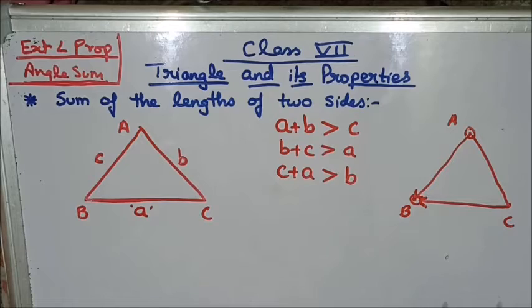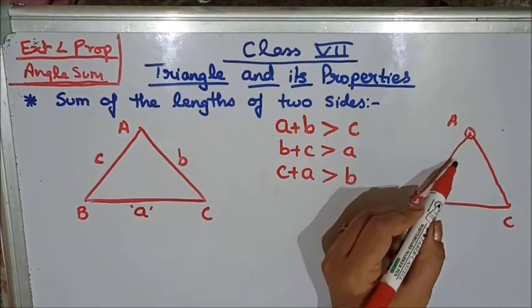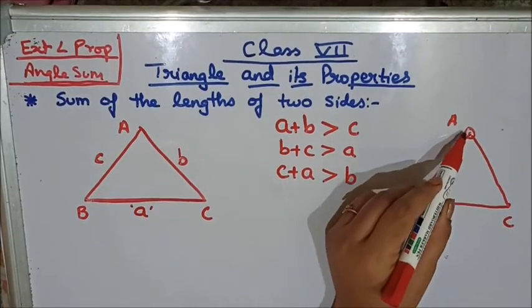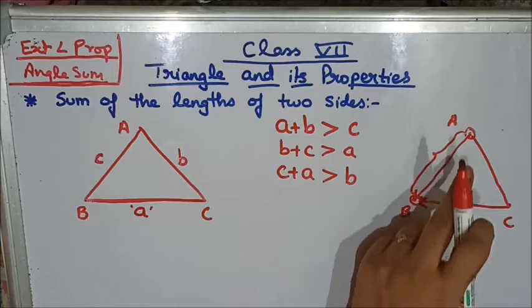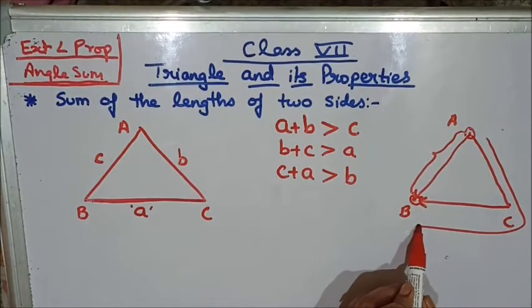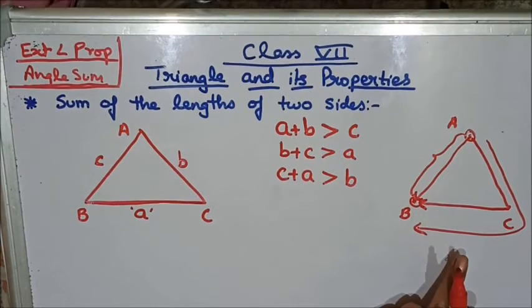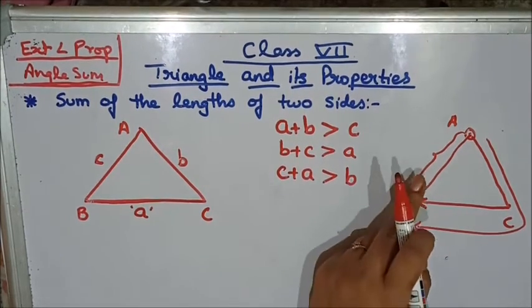In which route do you think you have covered lesser distance? Clearly we have covered lesser distance in AB. When you go from A to B, this distance, or if you go from A to C and then B, this distance, which distance is smaller? It's very clear that AB is smaller.